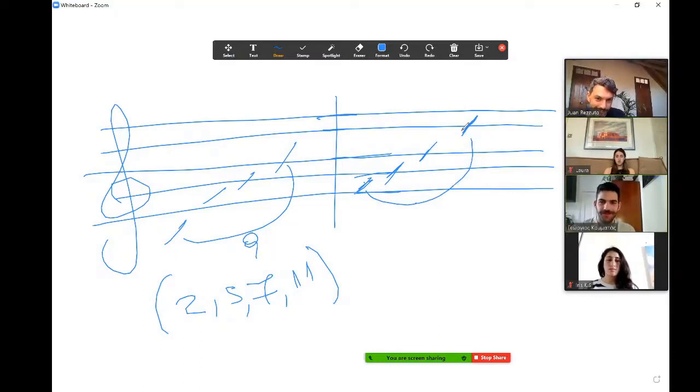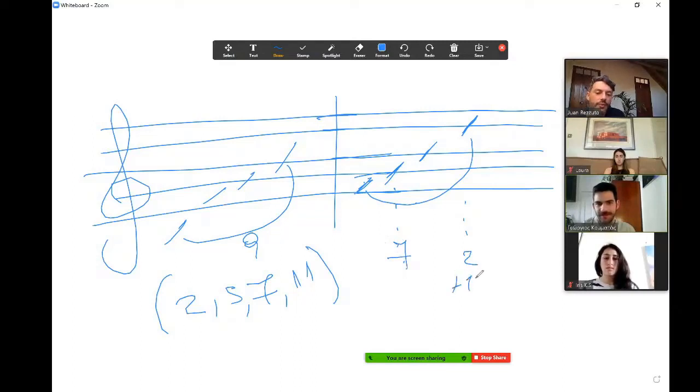5 to 14. So let's name it first. What's the pitch class set here? 2. 14. I have to think. 2. Okay, and then here is 5, right? So it has to be 9. No, here is not 5, sorry. What is here? 7. 7, that's it.